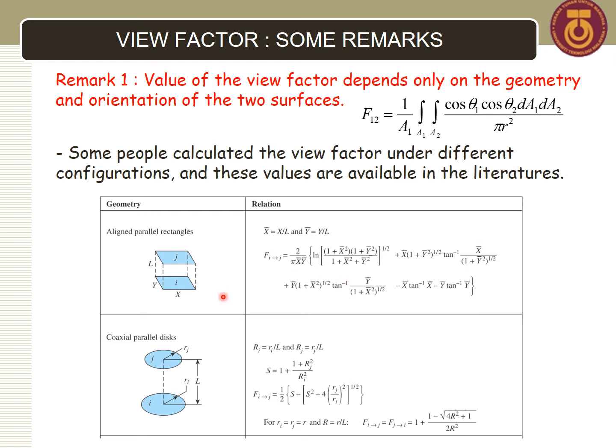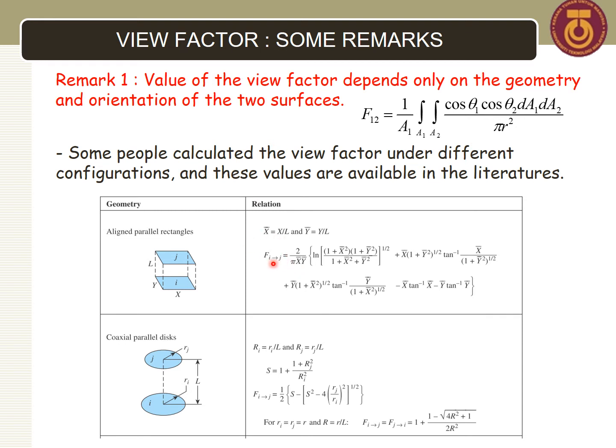What is x, what is y, what is L? x is the length, y is the width, and L is the distance between the two surfaces. If you substitute x, y, L into the equation, you will get the value of Fij.